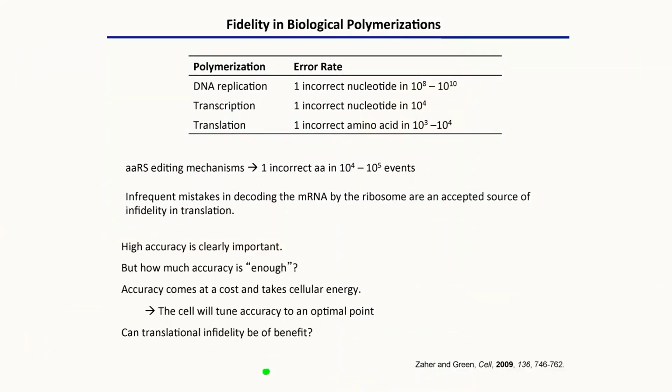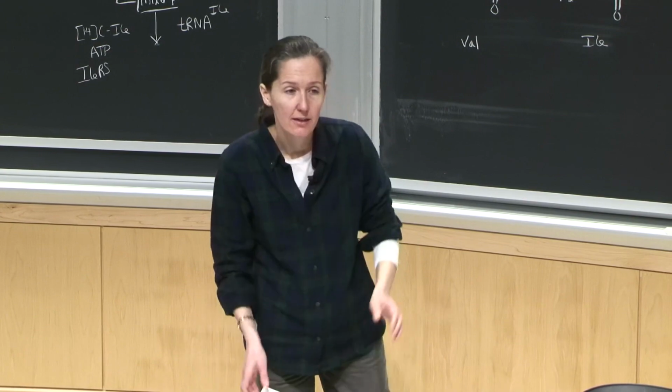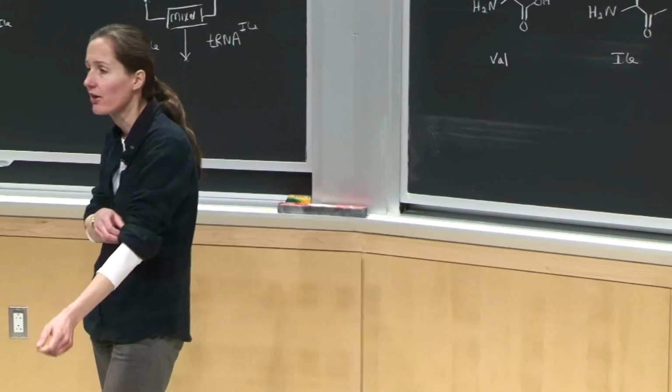And are there benefits to translational infidelity, right? So the prior slide showed negative consequences, but are there benefits? So that discussion will close considering how the amino acids get attached to tRNAs.